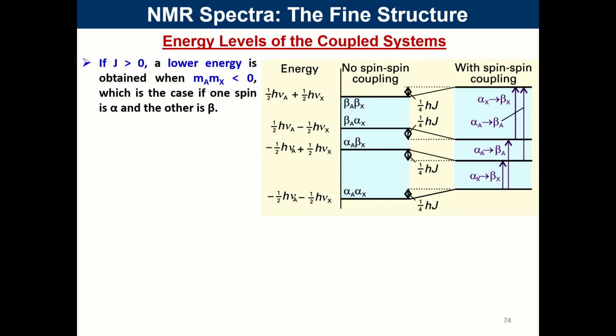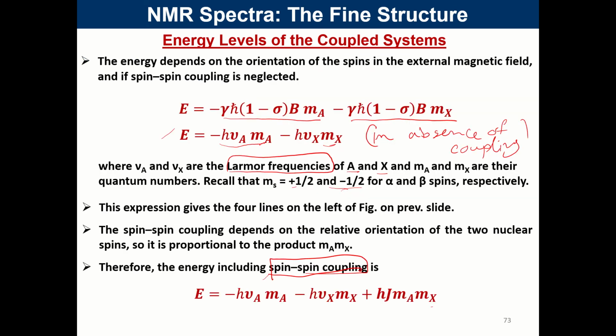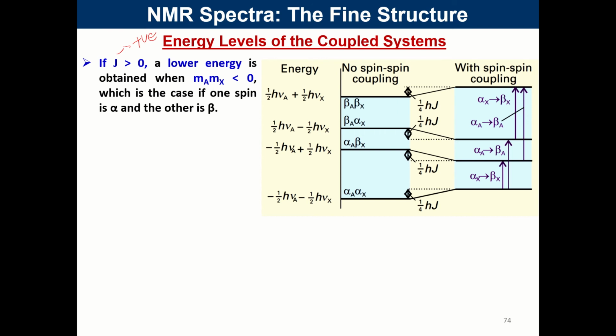So if J is positive, then when you write MA into MX, that is going to be negative if one is alpha and another is beta, then this whole term will become negative.